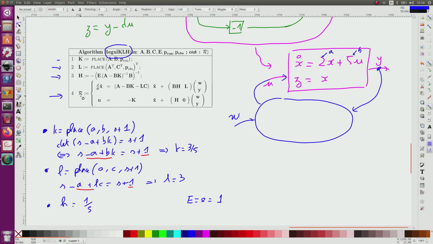So as a consequence, I will write the controller, and the controller is x hat dot equal.